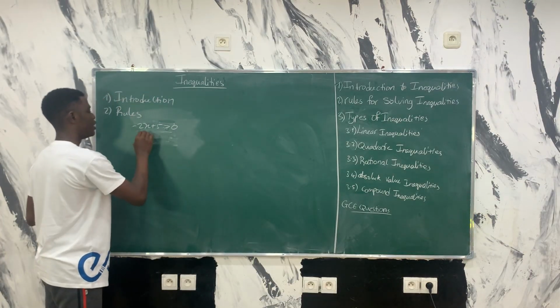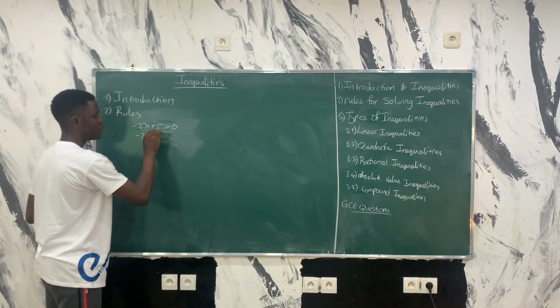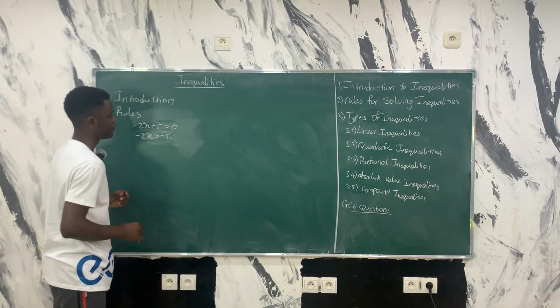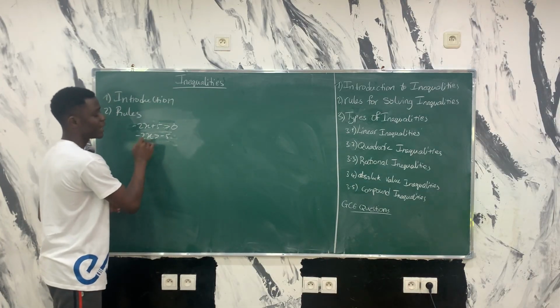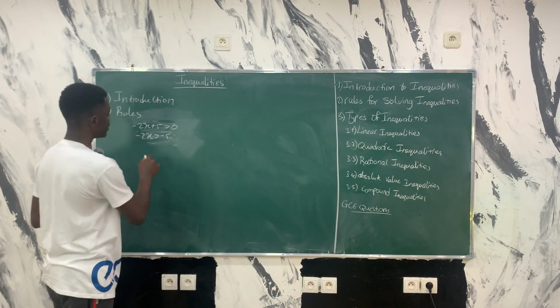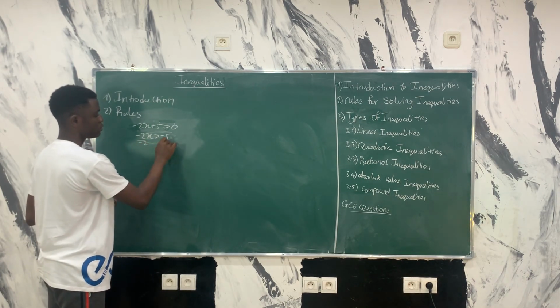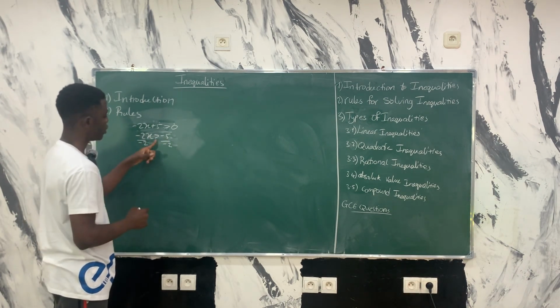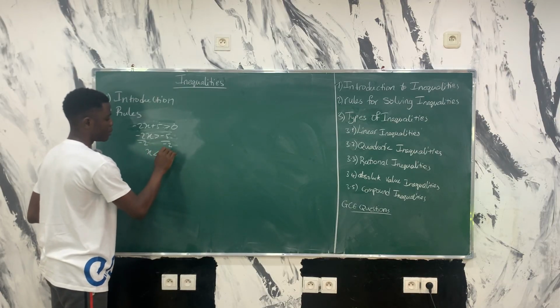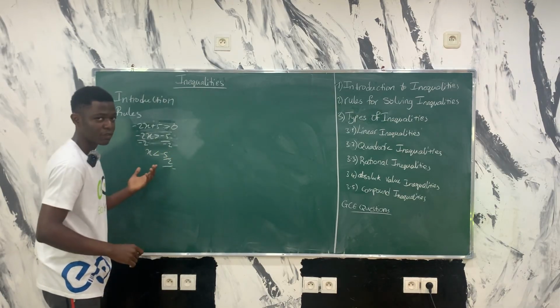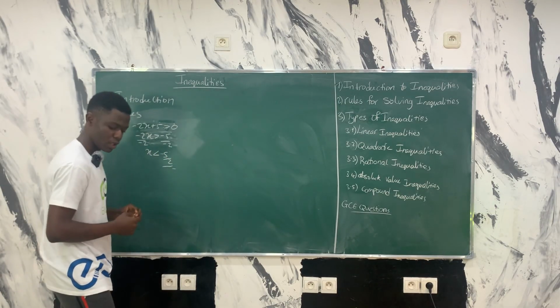For instance, here I'll have negative 2x is greater than minus 5. But if I want to have x alone, I'll have to divide all through by negative 2. So the sign here will have to change. I'll have x will not be greater than but less than negative 5 on negative 2, which is 5 on 2. So that will be the value of x. So that is one of the rules.